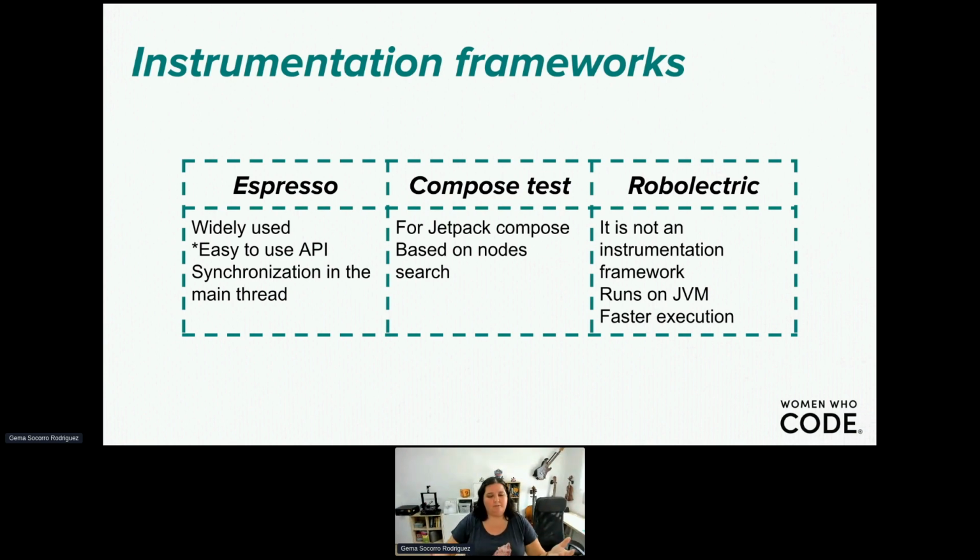It's mainly used for the UI. It has an easy-to-use API. It also has synchronization in the main thread. We also have now Compose tests that will allow us to navigate the nodes and to do searches for Compose.